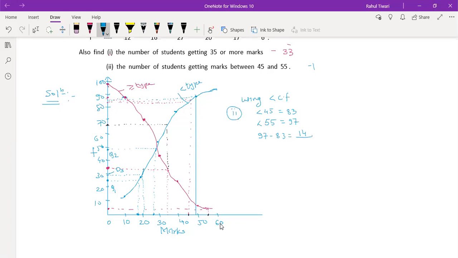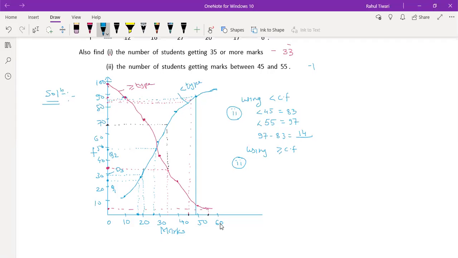One can also use the greater than or equal to type CF and get the second answer. How? If I'm subtracting at 45, can you see 45? If I draw this line, tell me this particular value. At this point, what could the value be?